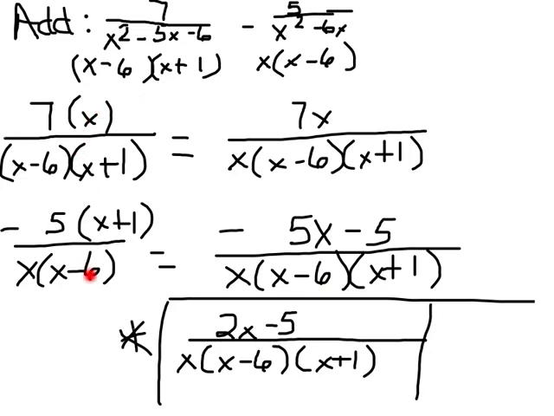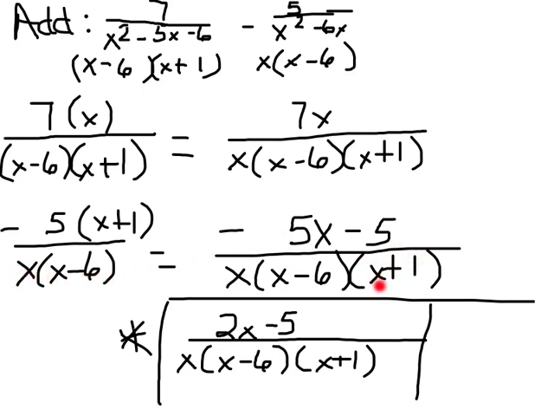Now I have to find an equivalent fraction for both so that I can add them. Alright, what do I have here that I don't have here? Just one little x. So I'm going to multiply this 7 by that x to get 7x. I do the same thing here. What do I have here that I'm missing here?